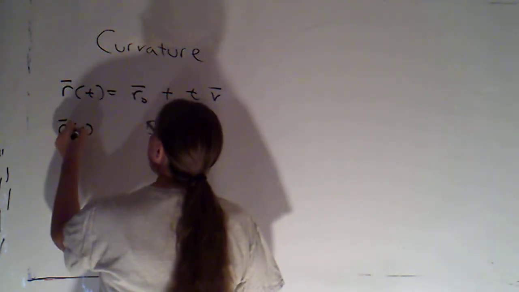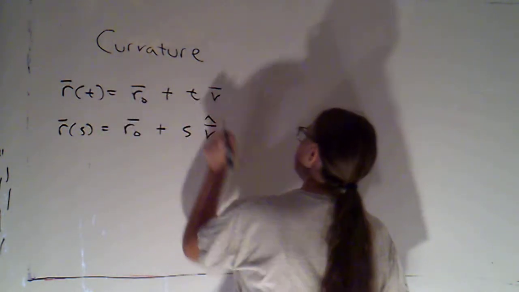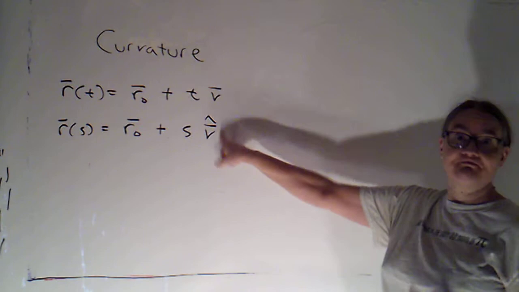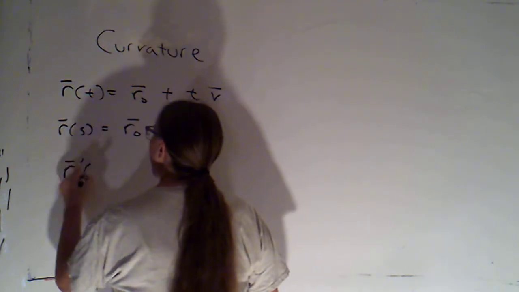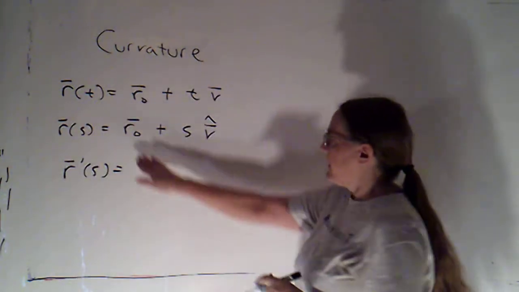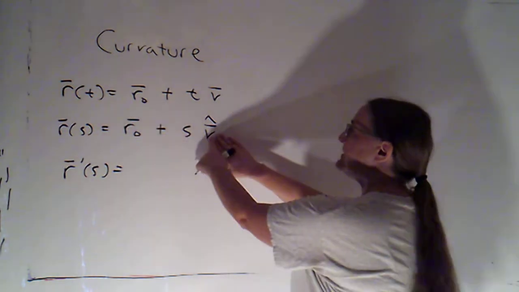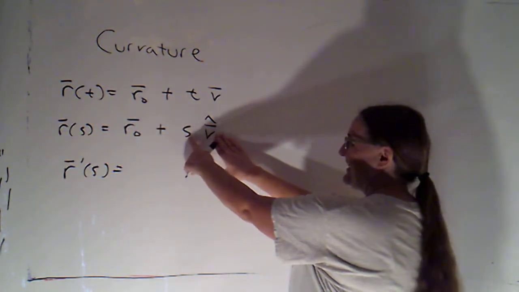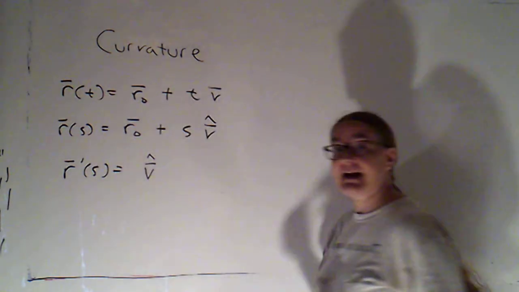So r of s would be r naught plus s times v hat. Fabulous. So now I just need to take the second derivative. Well, r prime of s, this is a constant vector times my parameter, I just get v hat.